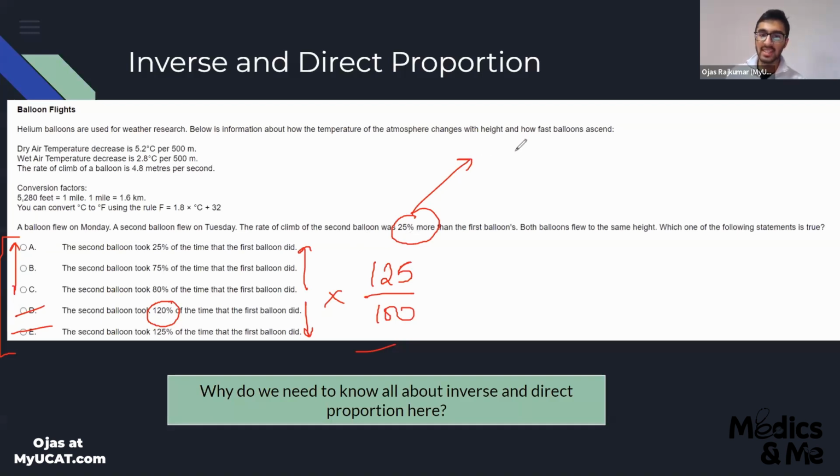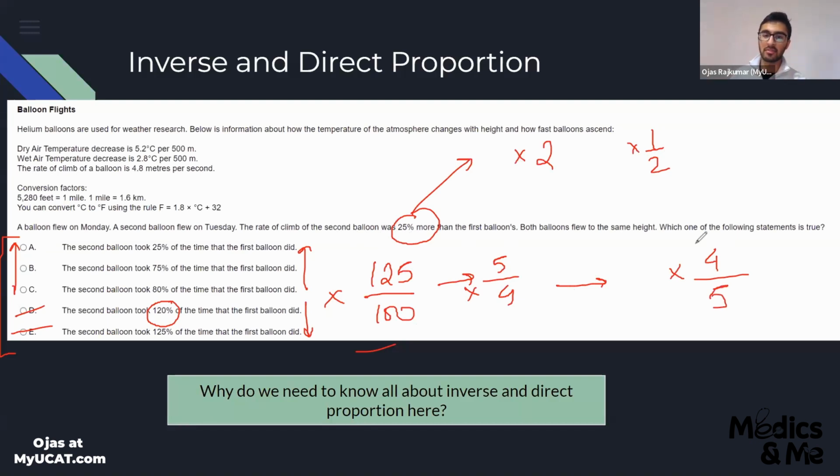Now, what we said is if you double the speed, you halve the time. So in this case, if we multiply the speed by 125 over 100, which is the same as 5/4, because 4 25s make 100, then that means the time is being multiplied by 4/5.